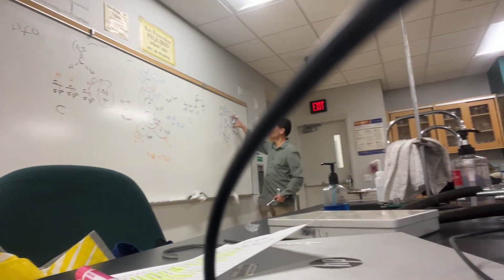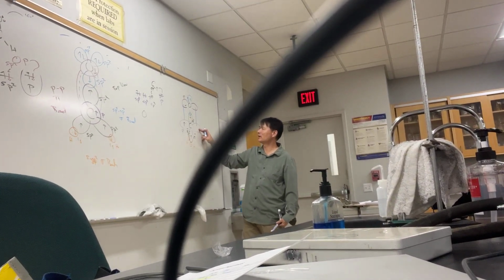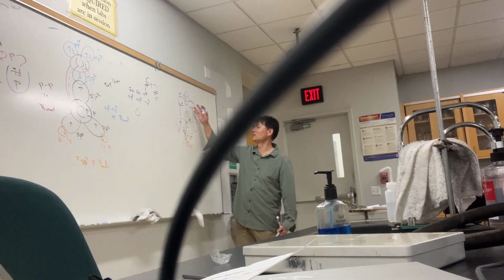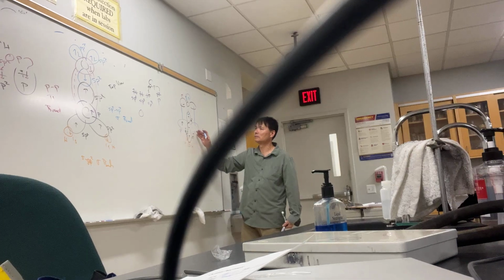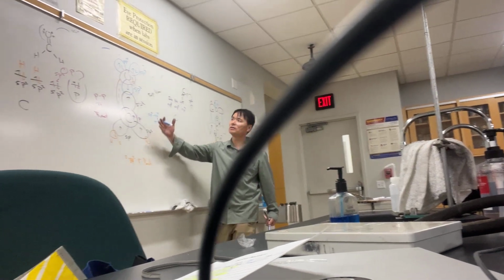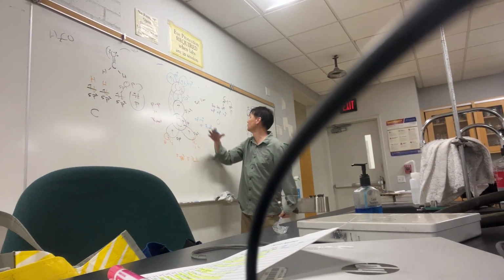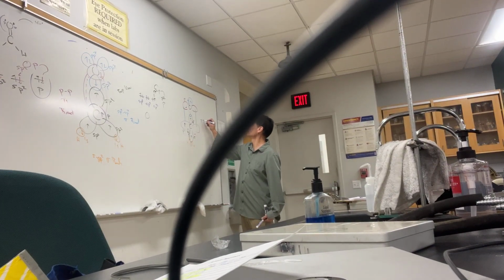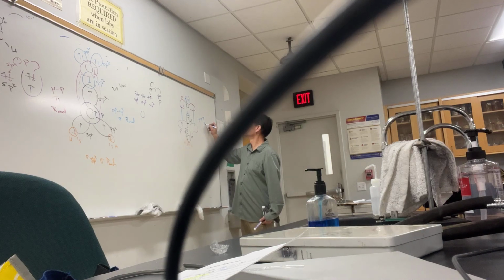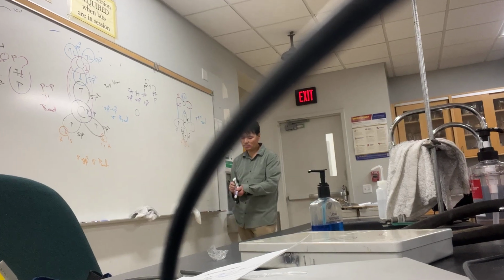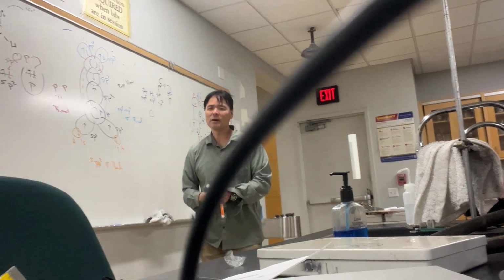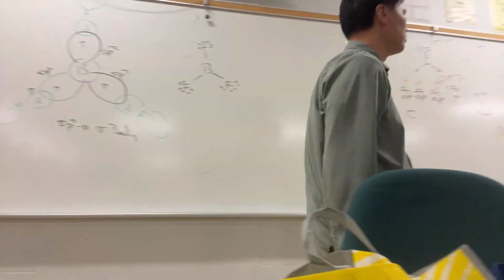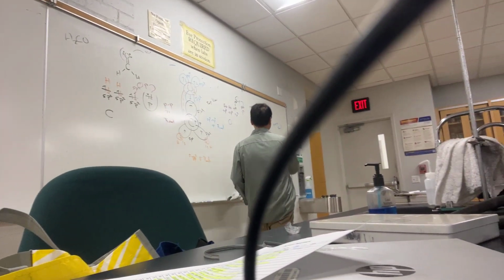Now the difference between a sigma bond and a pi bond is this. A sigma bond has overlap within the internuclear axis. So I'll draw an axis connecting both nuclei. One nucleus is here, one nucleus is here. And so the sp2 sigma bond has overlap within the internuclear axis, whereas the pp pi bond has overlap to the left of the internuclear axis and to the right, but no overlap in the internuclear axis.